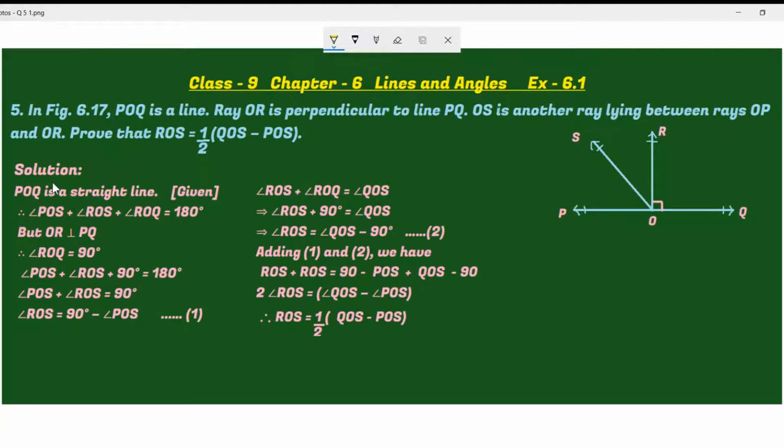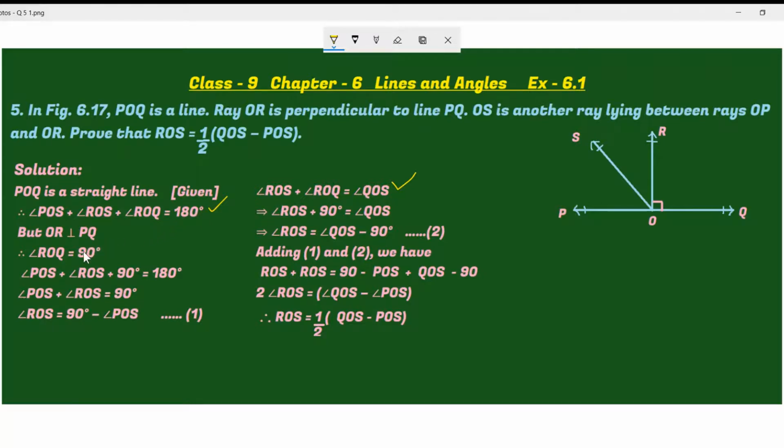Solution. Already I have told you we have to make two equations. I made these two equations earlier. So I am going to use this equation first. POS plus ROS plus ROQ is equal to 180 degrees.